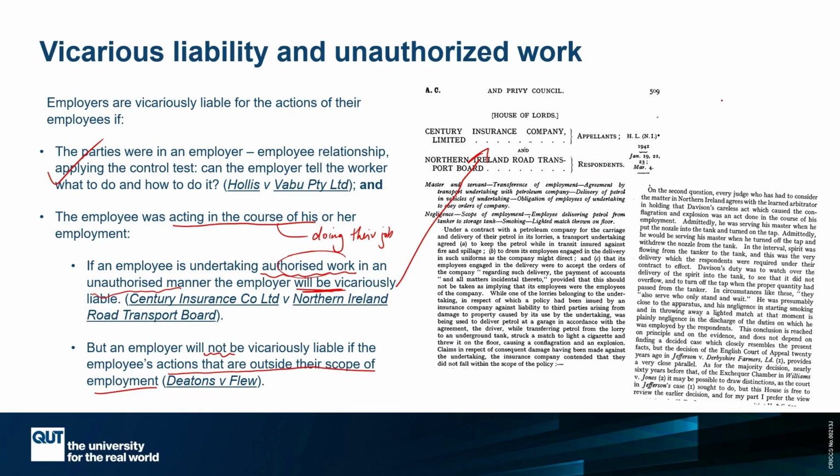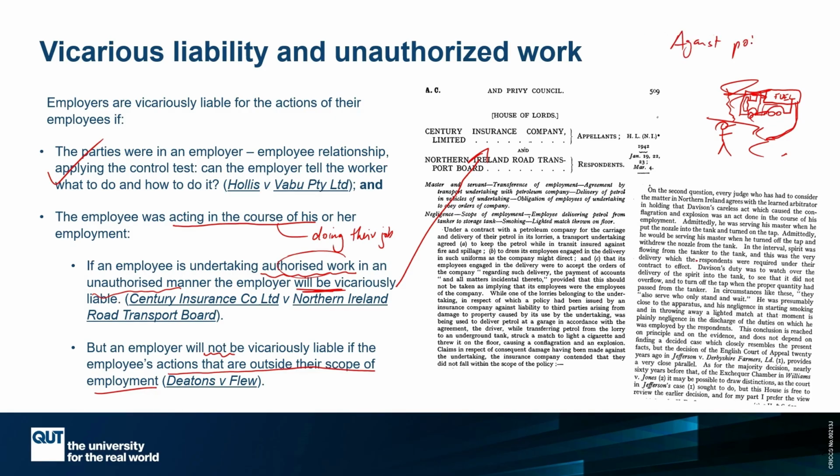And so what we had was a petrol tanker, and it was at the time unloading petrol at a petrol station. And the person unloading the petrol tanker decided to have a cigarette as they were unloading it. Now, as you can imagine, that didn't end well. Clearly in this case, what the worker did was against policy.